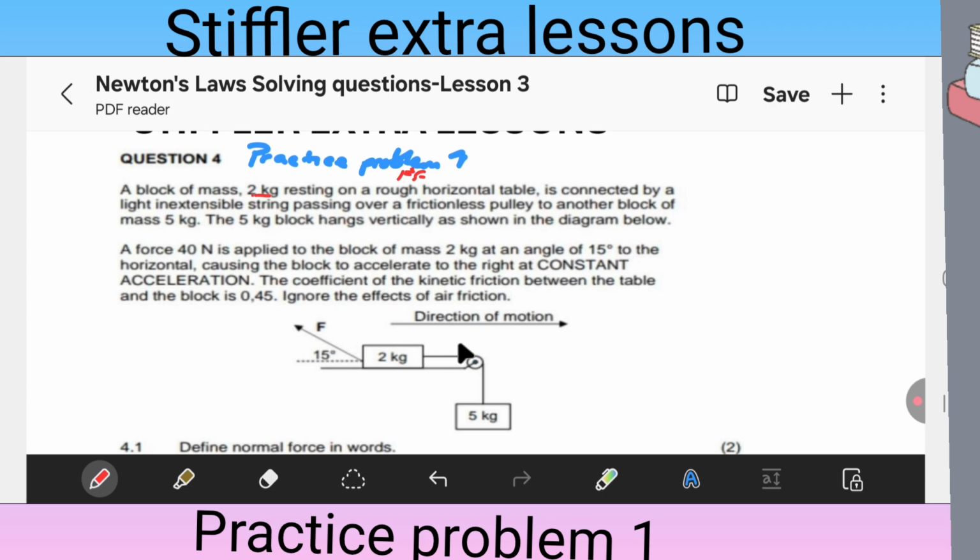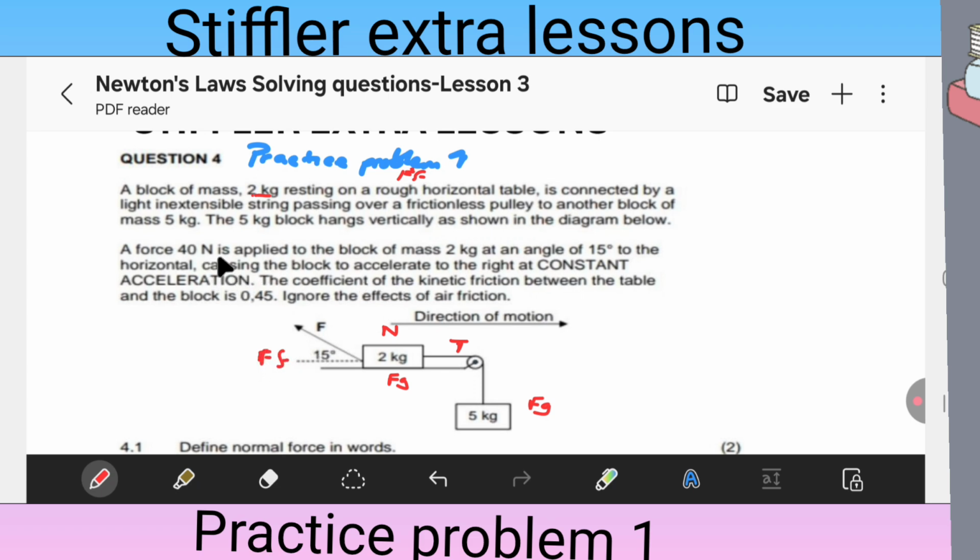So already you can see that there will be tension there. We have Fg for each block, and since it is on a surface, it will have the normal force. Let's not forget the frictional force since it is on a rough surface.